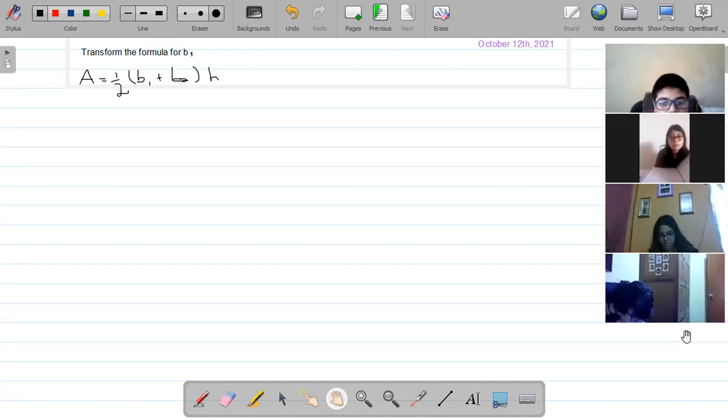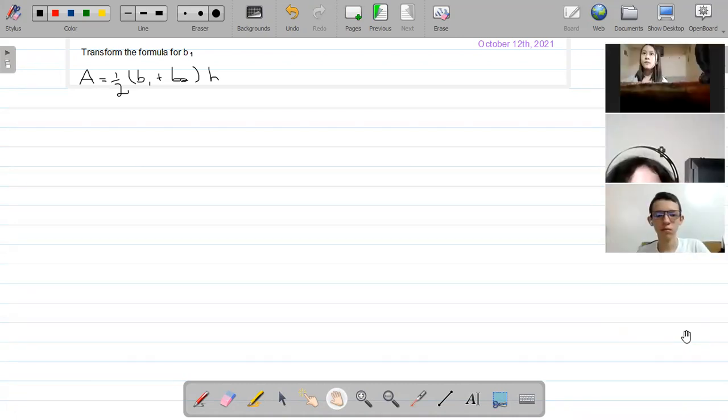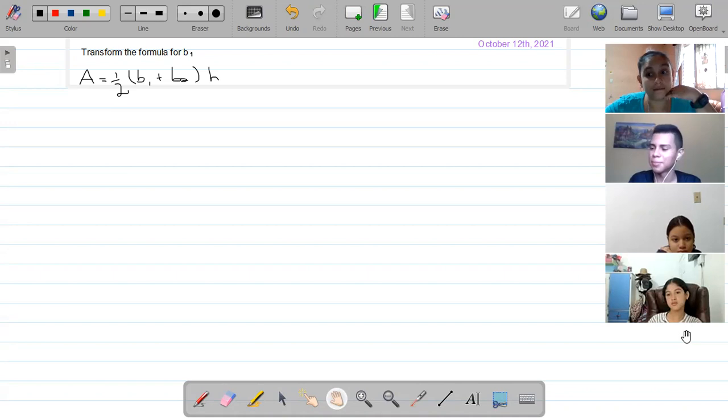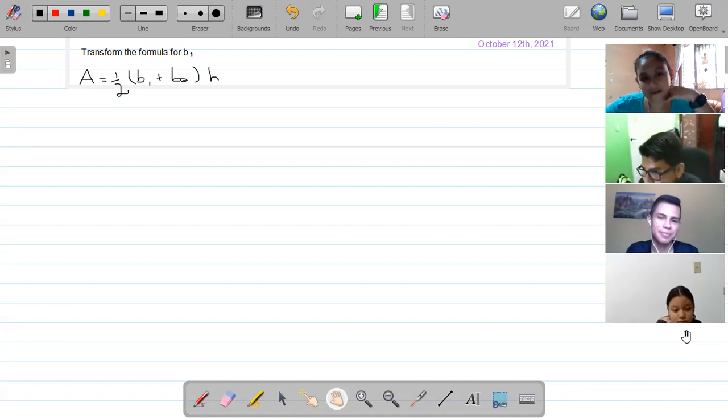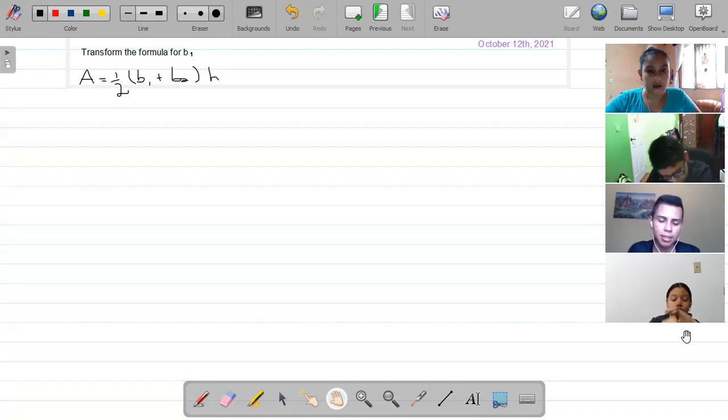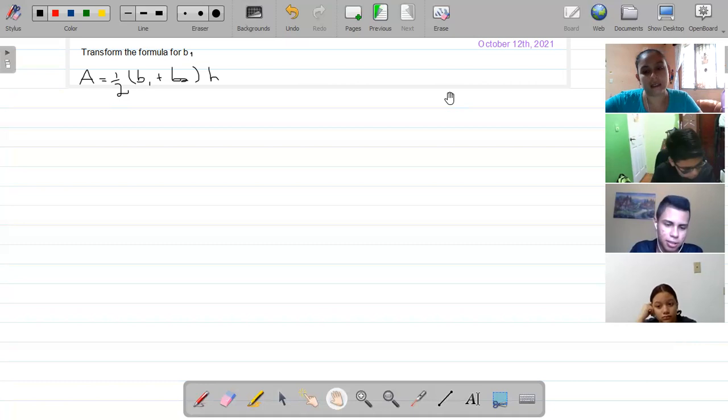Addition. Inverse operation of an exponent? No, not a negative exponent. Inverse operation of an exponent. A root. A root, okay? Inverse operation of an exponent is a root.